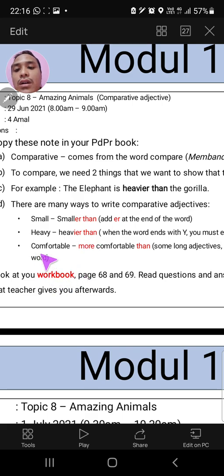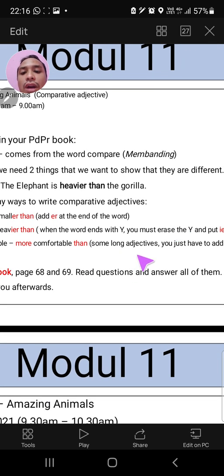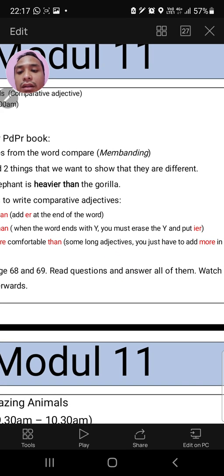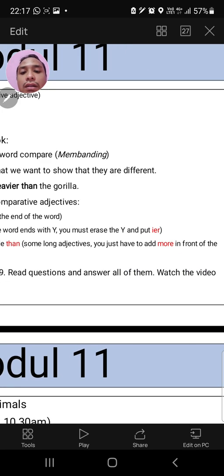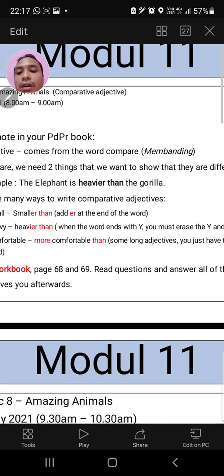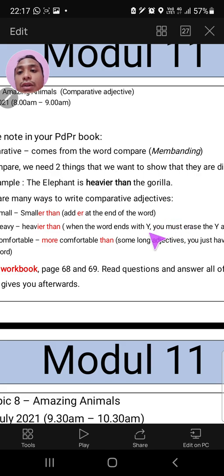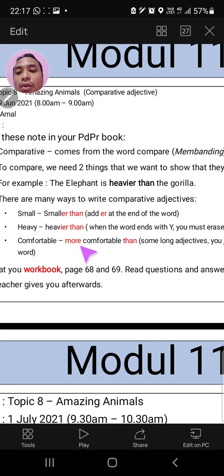Okay, next one. Comfortable. More comfortable than. Okay, some long adjective. Maksudnya kata adjective yang panjang, you just had to add more in front of the word. Awak cuma perlu tambah more. Letakkan more di depan. Sebab apa?